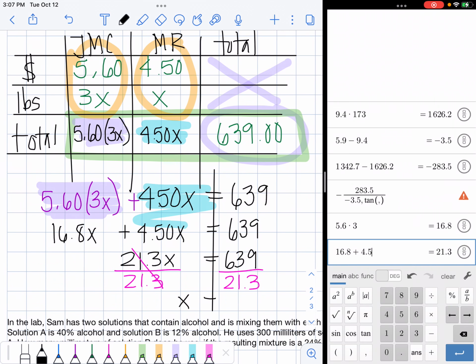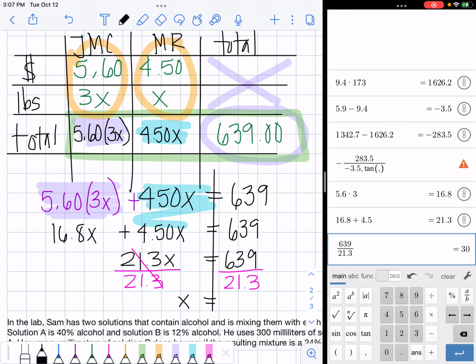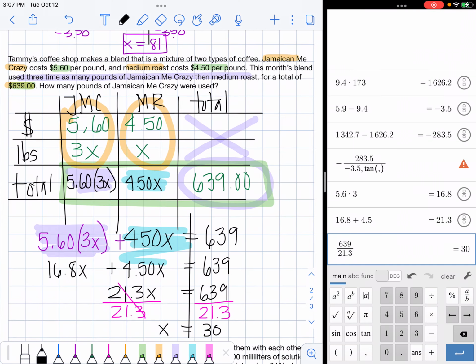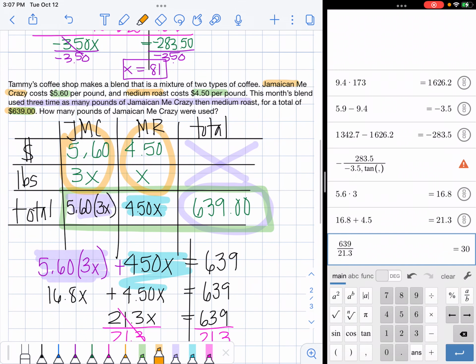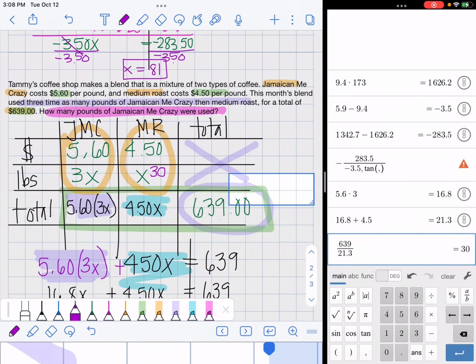So X is equal to 639 divided by 21.3, which gives me 30. Okay, now X is equal to 30. So if we go back up here, they wanted to know how many pounds of Jamaican Me Crazy were used. We've said that X is equal to 30, so this value right here is equal to 30.